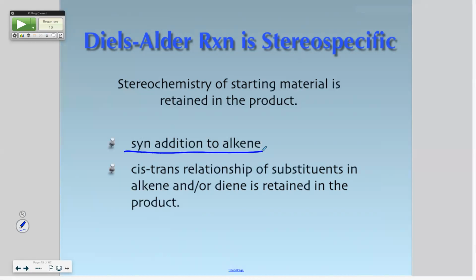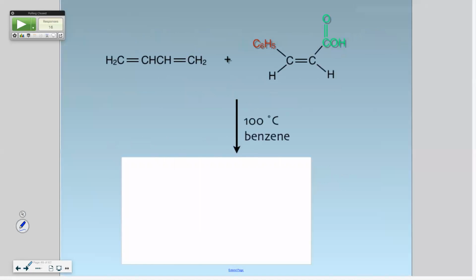That's part of why they believe in this HOMO-LUMO thing, because that explains why this is true. It explains something else too, but we haven't got there yet. So here's our diene and our dienophile, right?